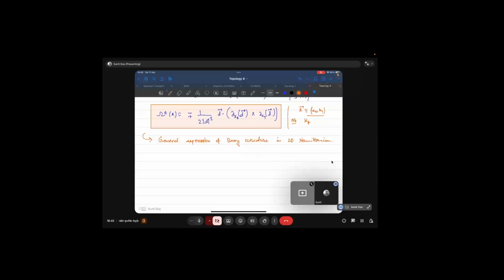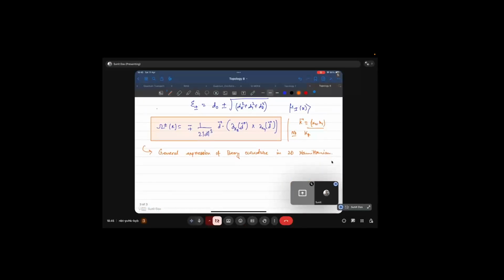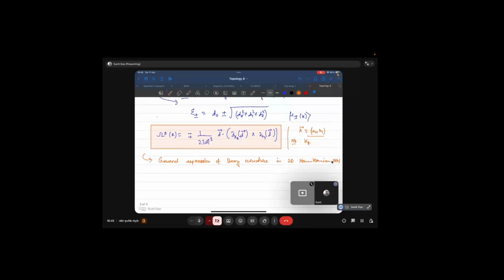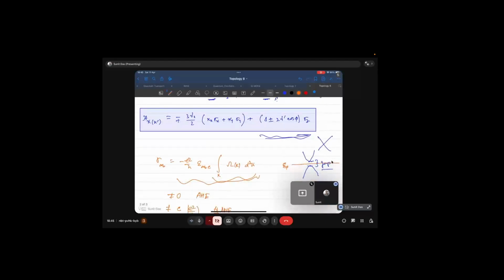Okay, so what is the d for the 2D Hamiltonian H of k, let's say. Now let me number these equations. So this is equation one. This is our Haldane Hamiltonian, the low energy Haldane Hamiltonian.